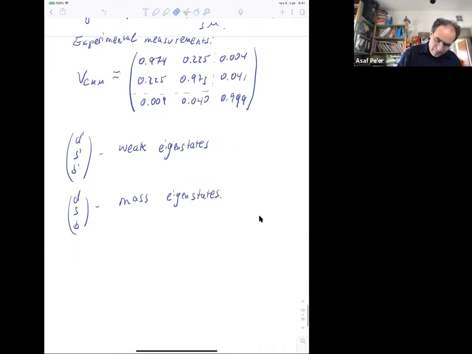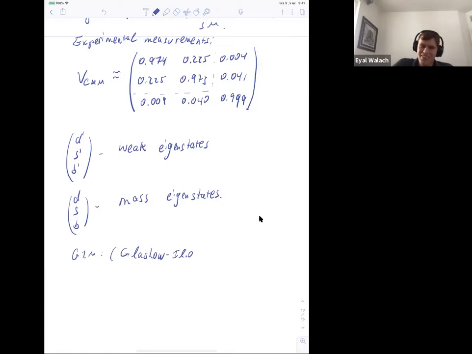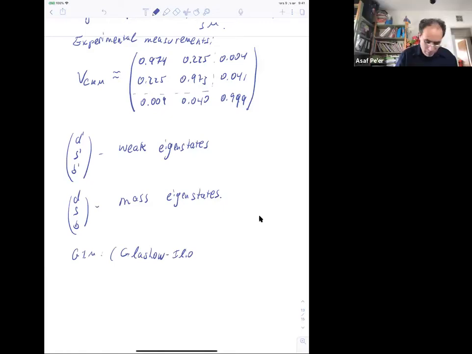GIM stands for Glashow, Iliopoulos, and Maiani, mechanism.